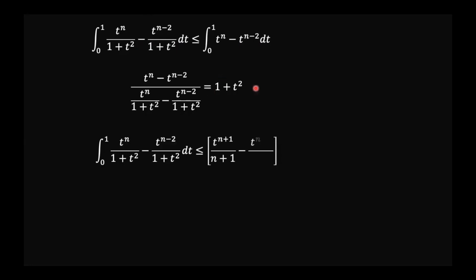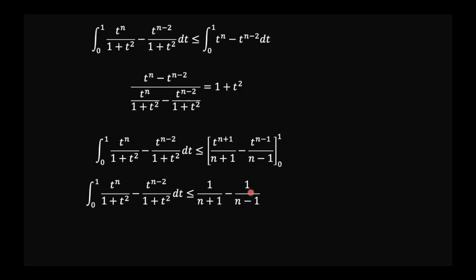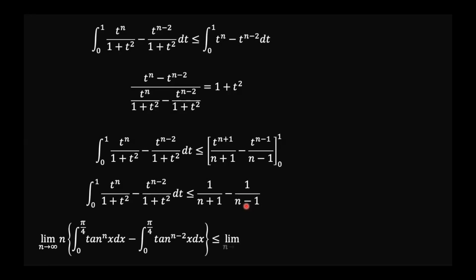When I integrate this side, we get t to the n plus 1 over n plus 1 minus t to the n minus 1 over n minus 1. Substituting in the limits, the difference is less than 1 over n plus 1 minus 1 over n minus 1. Now, if you apply the limit with a multiplication of n, that difference is less than the limit as n tends to infinity of n over n plus 1 minus n over n minus 1.